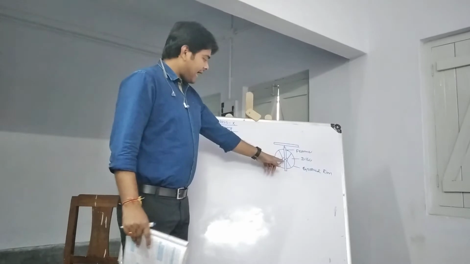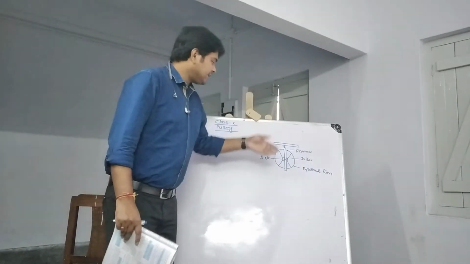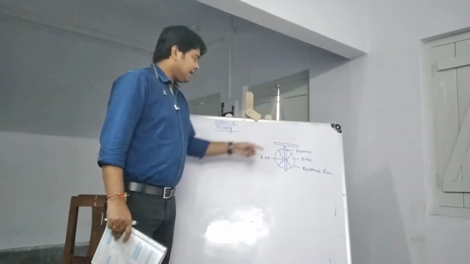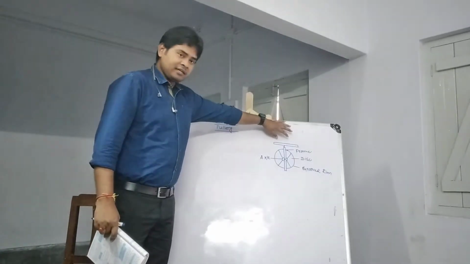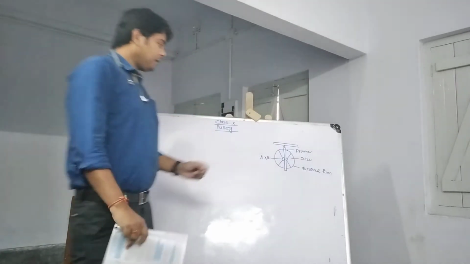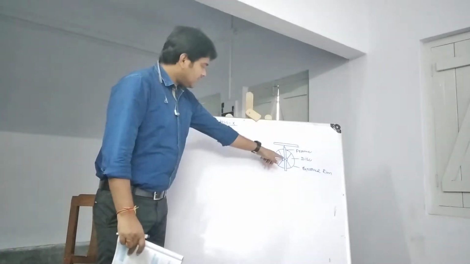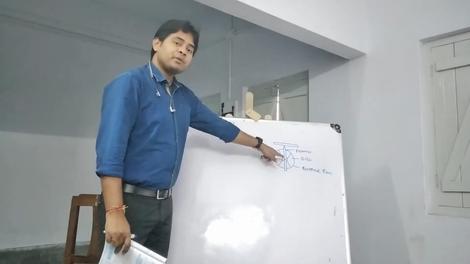This is the axle about which the pulley rotates, and this is the rigid support where we hang the pulley. Now this pulley moves around this axis which is fixed with a nail.